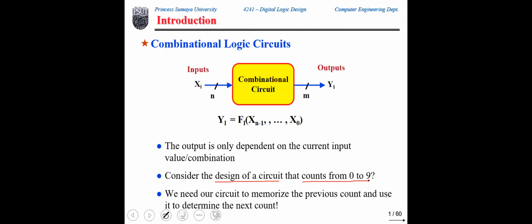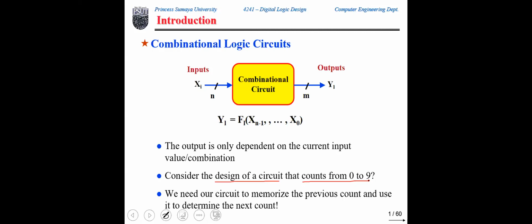So if I ask you, how many inputs does this circuit have? You will say there is only one input, which controls when to increment the count value. And how many outputs will you have, assuming that you want to output the count value 0, 1, 2, 3? 10. How about 4?